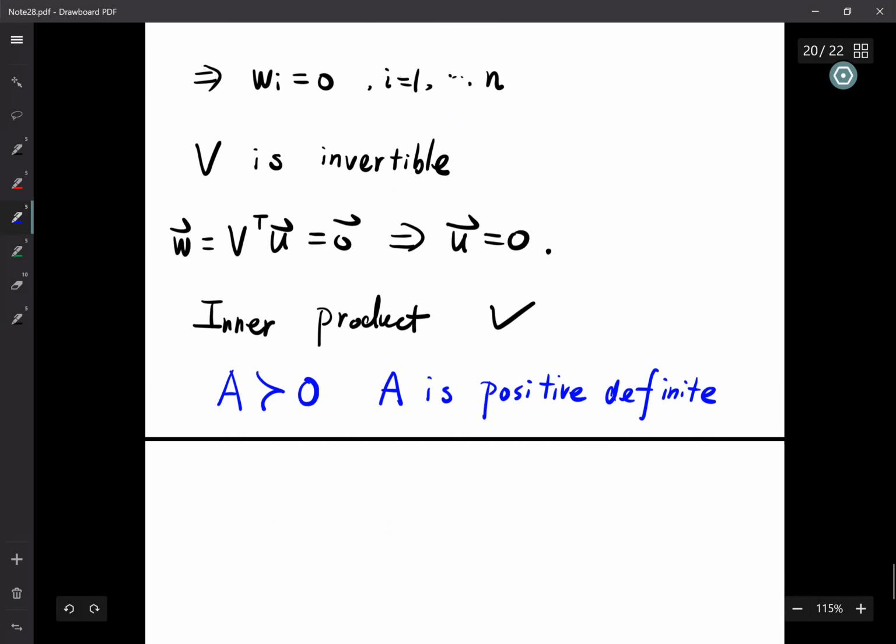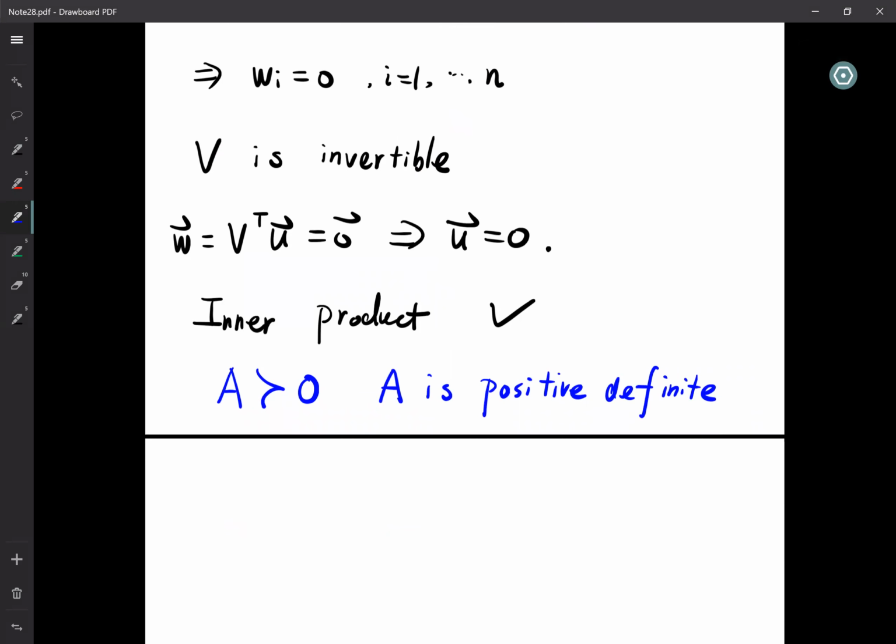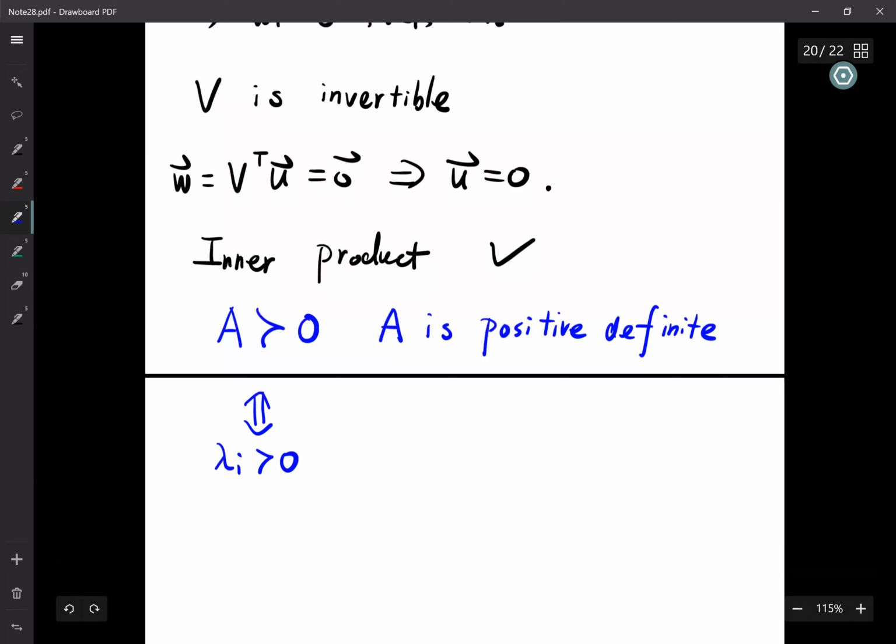In other words, if I say a matrix A is positive definite, it must mean, first of all, that it is, for our purpose, real symmetric. If it's a real matrix and all the eigenvalues are real and bigger than 0, then we say A is positive definite.